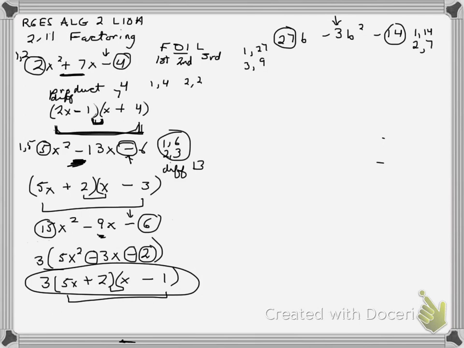Okay, so if I had 27, I'm sorry, this is b to the 4th, okay? So I'm going to have something b squared, right? And b squared. So if I have 27 and 14, that's not going to do it. 27 times 14 is going to be way too big, so moving on to my 3 and my 9.